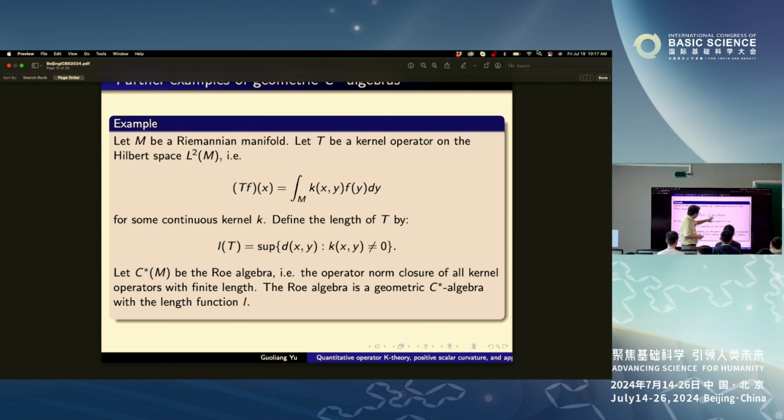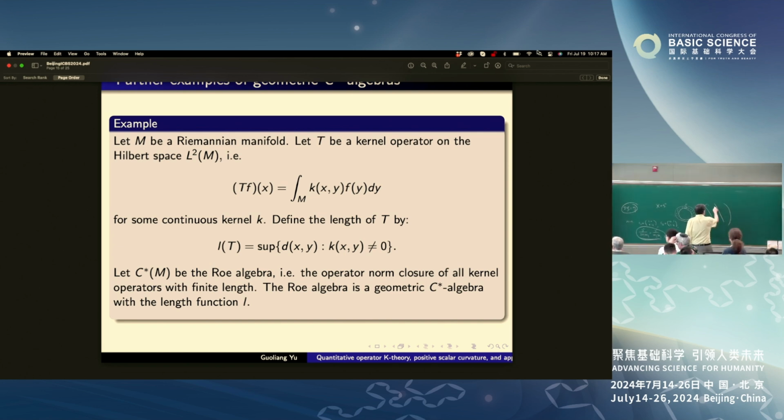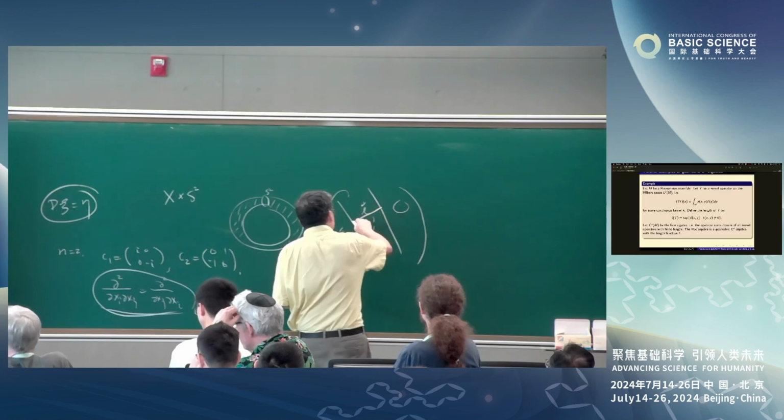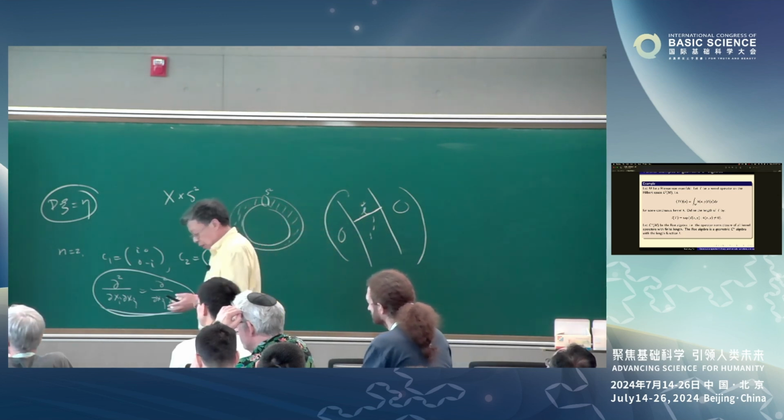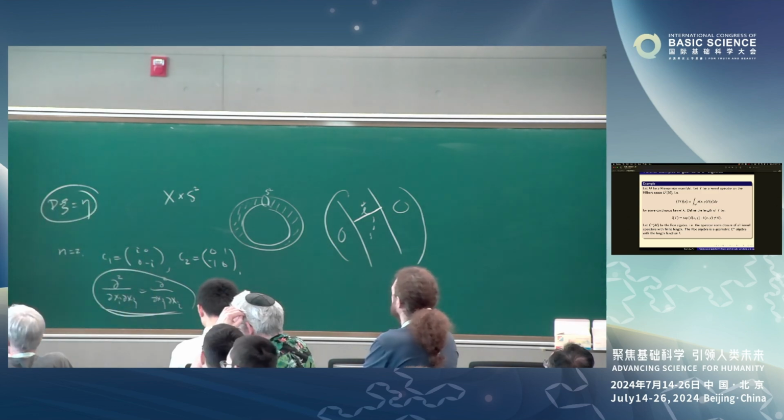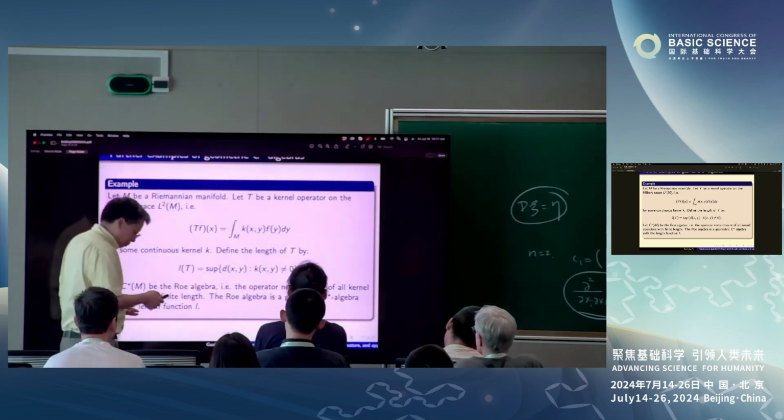You have a continuous function, if you wish, which defines an operator like this. So you can think of this as an infinite continuous matrix. If you think of this as a continuous matrix, you have a lot of non-zero entries near the diagonal, and far away it's zero. So the length is just the width of the band with non-zero entries of this continuous matrix. Okay, it's very intuitive.